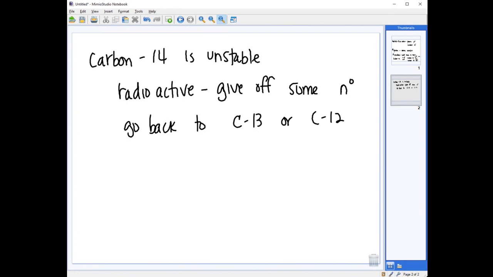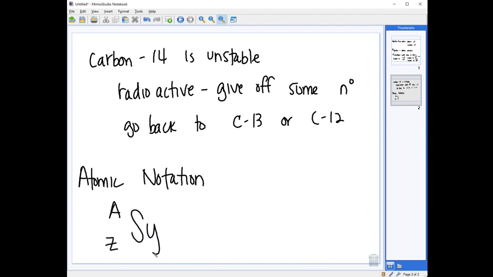The first thing that we look at on our cheat sheet is atomic notation. Referring to your cheat sheet, you'll notice the very first thing is atomic notation, and you see something that looks like this.